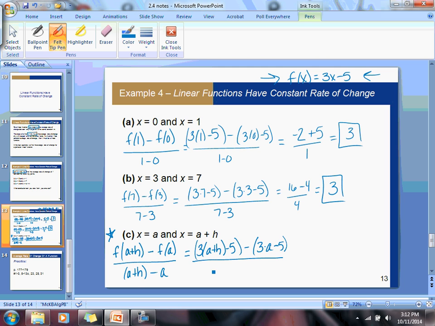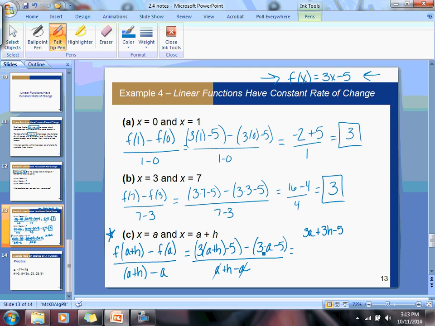Now in the denominator here, it's just a plus h minus a. So there I can subtract the a's off. They'll cancel each other out. But in my numerator here, let's do a little more simplification. I'm going to have to distribute this 3 to the a and to the h. So I'll have 3a plus 3h minus 5.